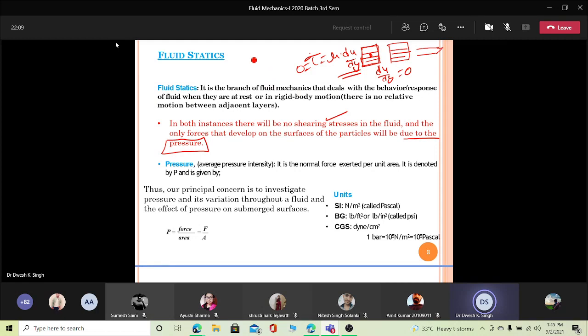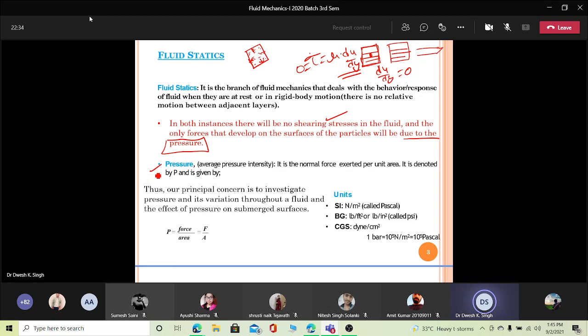Like if the fluid is contained in a container like this, obviously the pressure will be exerted by this fluid medium on the wall, on the surface of the container. That is the only force which comes into the picture in the case of statics.